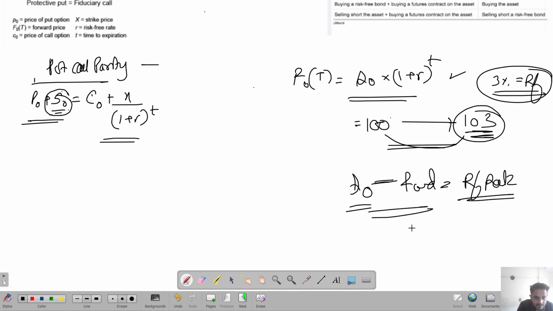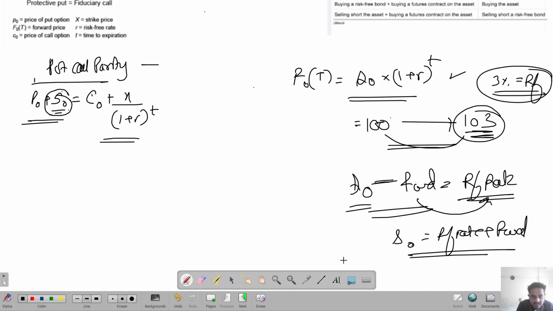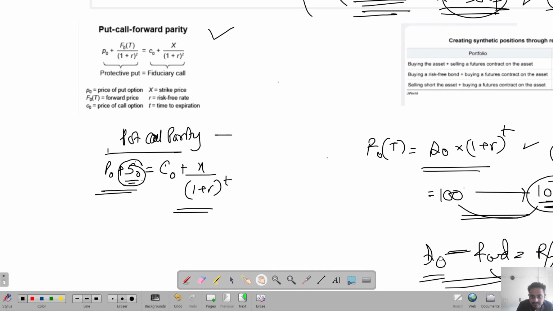Now, if I take the forward towards the right, what will we have? We have the stock, the risk-free rate, plus your forward contract. That is what you have here.